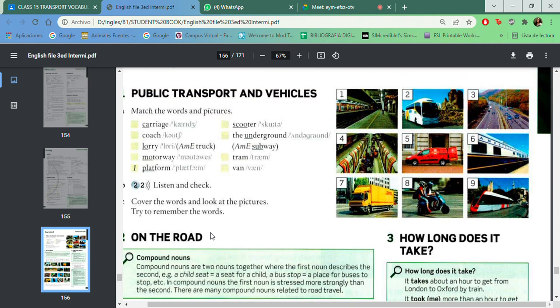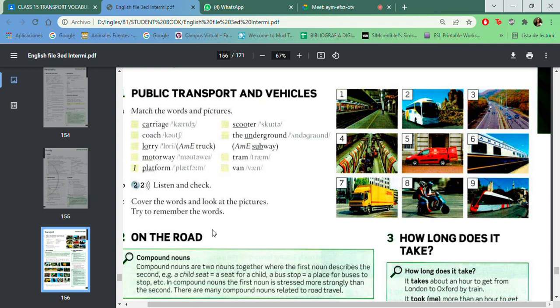Number 6 is carriage. Yes, that kind of tram is very common in Budapest. Great, excellent. Yes, maybe in Europe. Yes, in a lot of countries in Europe, but only some places. Exactly.